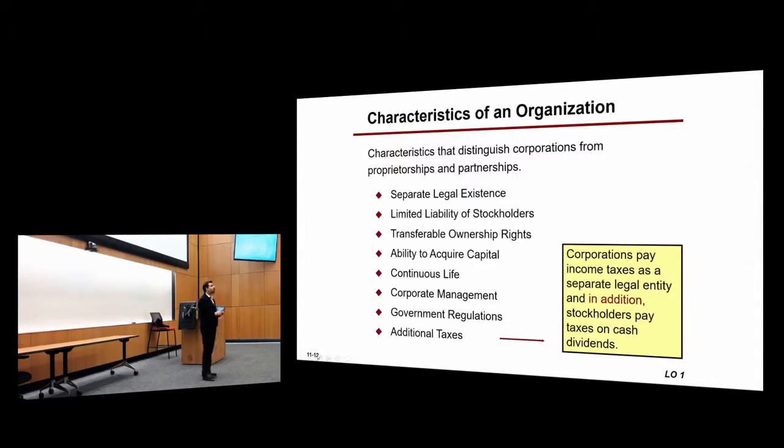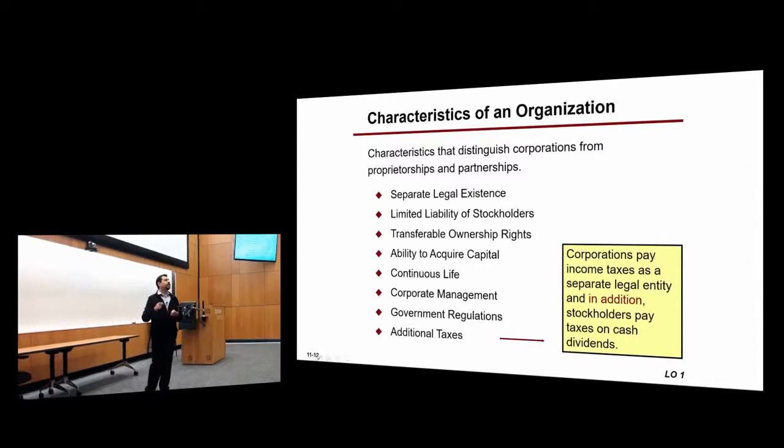This is what we call double taxation. With partnerships, every partner will pay taxes on their own net income. With corporations, because a corporation is a separate entity itself, they will have to pay income tax.